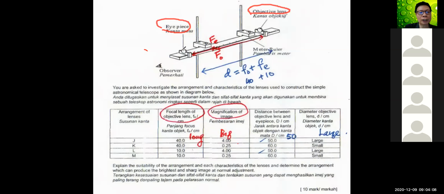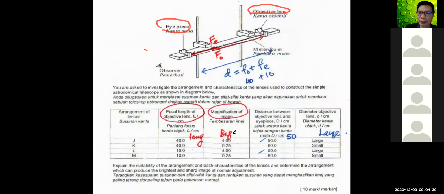So 40 plus 10. FO should be the 40 cm one, FE should be the 10 cm one, as given in the question. So now you can choose from here. Focal length for the objective will be long.